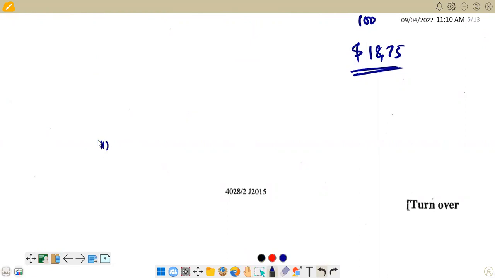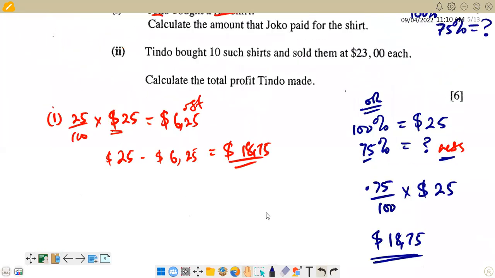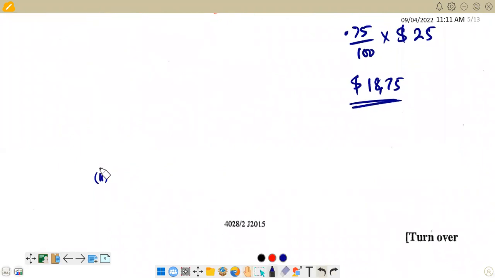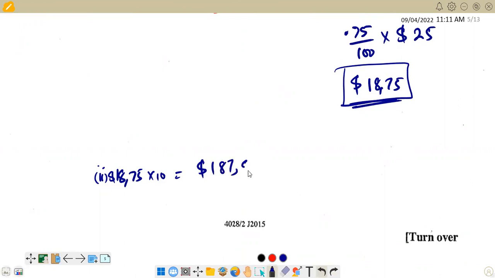Let me refer back. All right, so this is item 2. So we are saying you bought 10. Remember, each shirt is now at $18.75. So you bought $18.75 multiplied by 10 shirts, which is going to be $187.5. But since this is money, you just put a 0 here. So this is the amount that he paid to buy the shirts at this price.